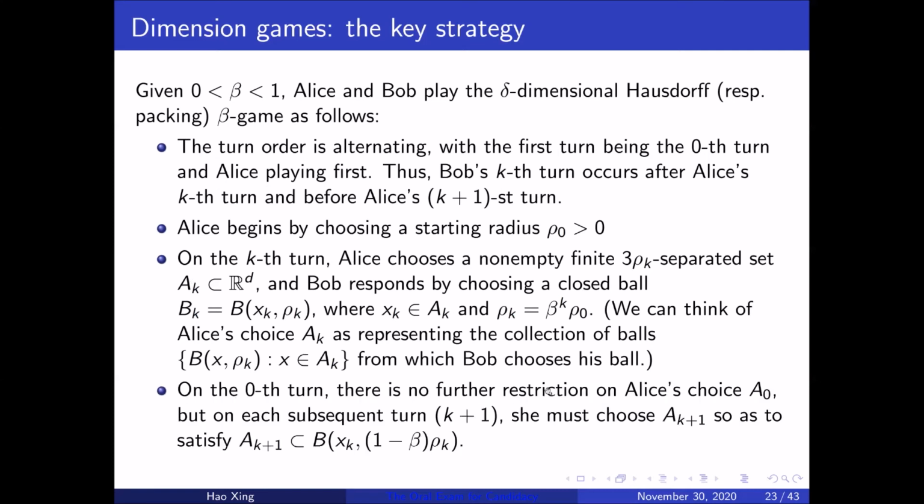At the beginning, there are no restrictions on Alice's choice, but on each subsequent turn k plus 1, Alice will choose A sub k plus 1 so that it is contained in the ball centered at x sub k with radius 1 minus beta times rho sub k.